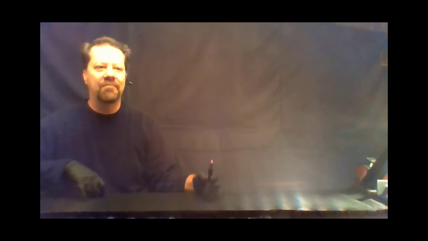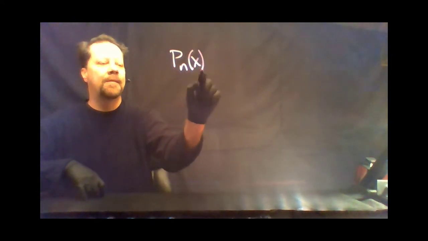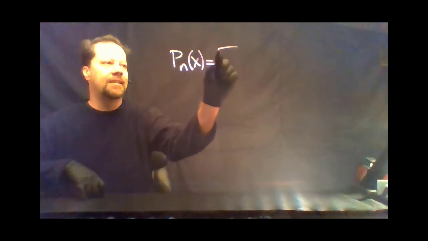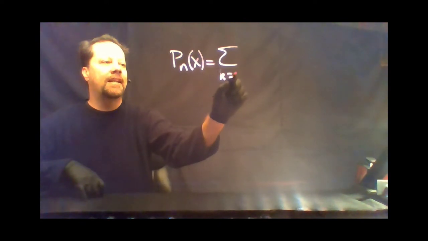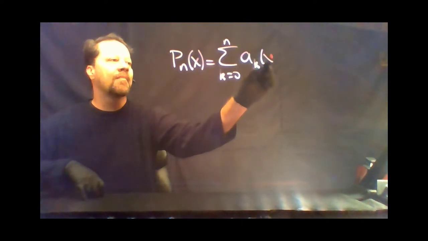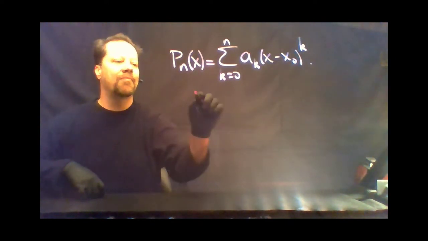More generally, suppose we seek a polynomial of degree n. Let's rewrite this polynomial as the sum, as k goes from 0 to n, of a sub k times x minus x naught to the power k.